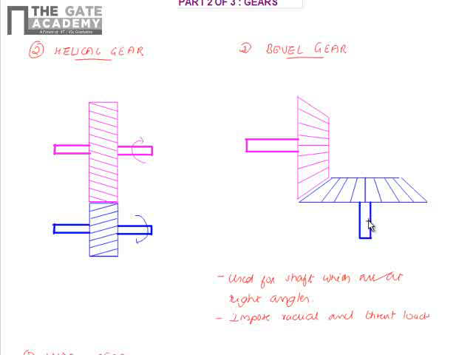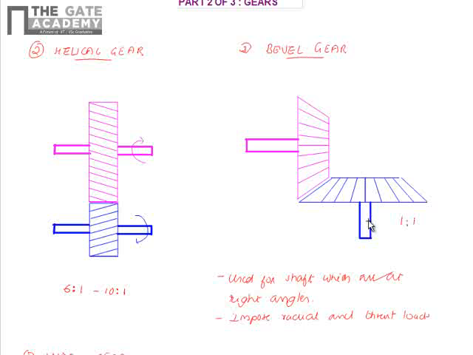And the speed reduction ratio for the helical gears and spur gears is generally in the ratio of 6:1 to 10:1. And in the case of bevel gears, it is almost in the ratio of 1:1.